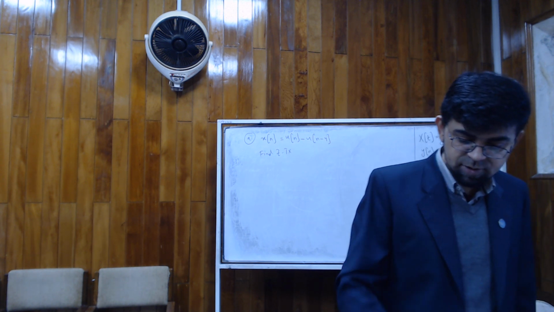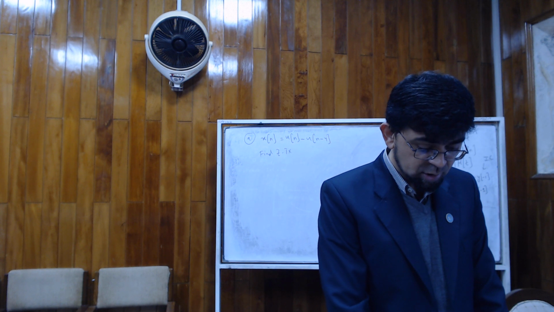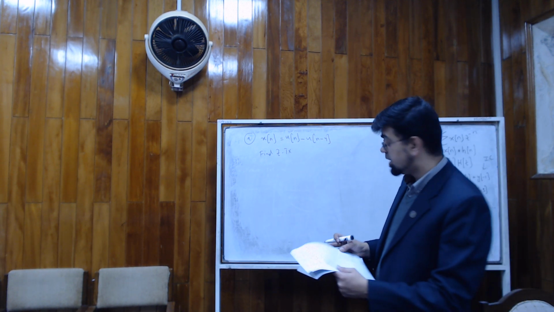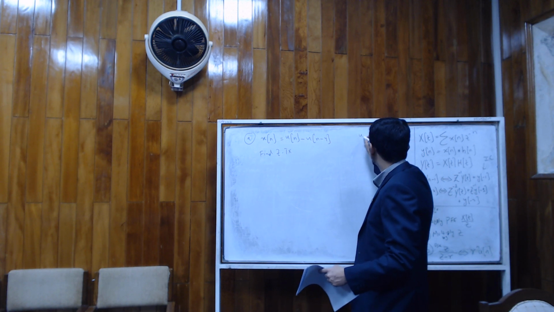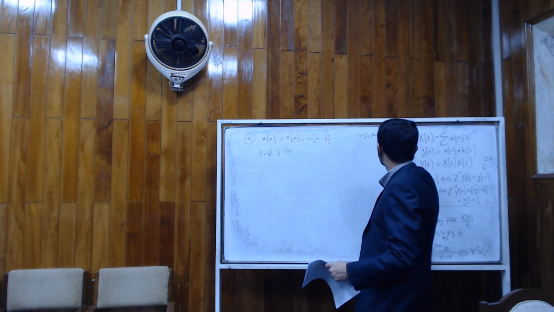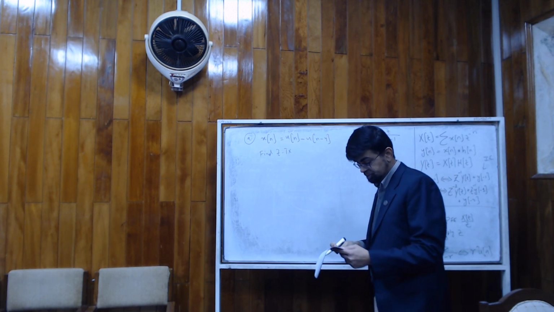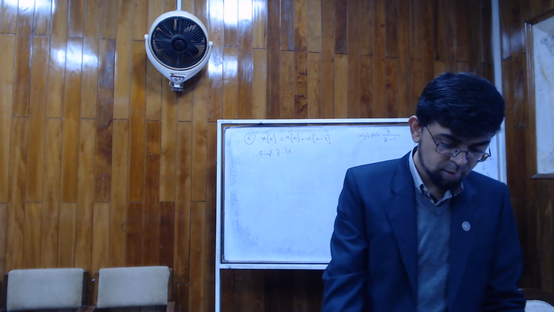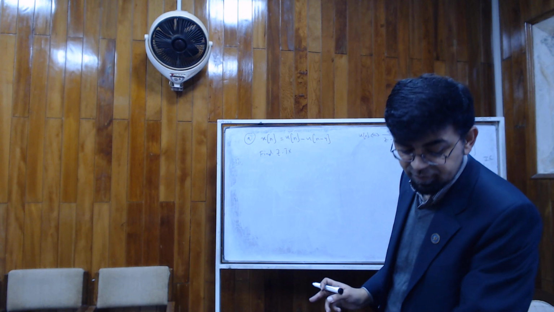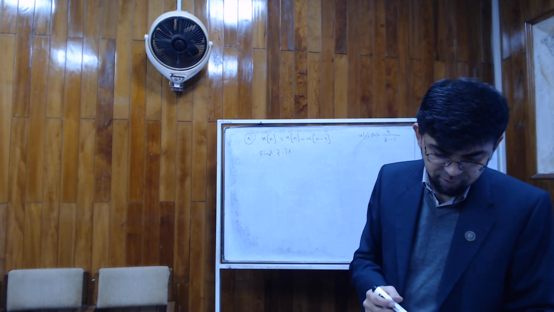Here it's good if you try by basic definition, but there are more ways to do it. For example, let's say you have been given that u[n] has Z transform z over z minus 1. You can use this too, or you can go by definition. Try either way.